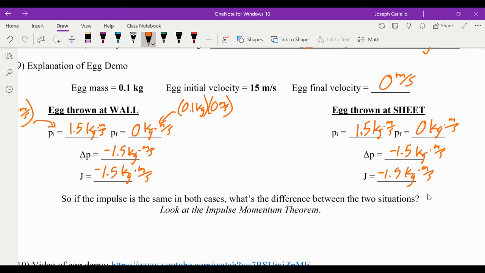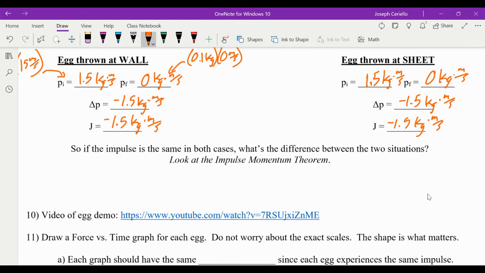So if the impulse is the same in both cases, what's the difference between the two situations? Well, we know that J is equal to negative 1.5 kilograms times meters per second. So we have to think about the force and the time over which they're acting.